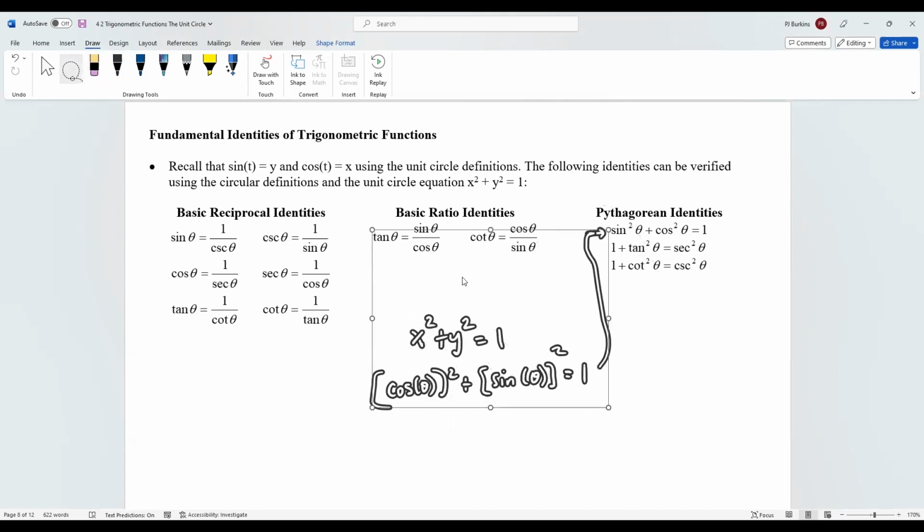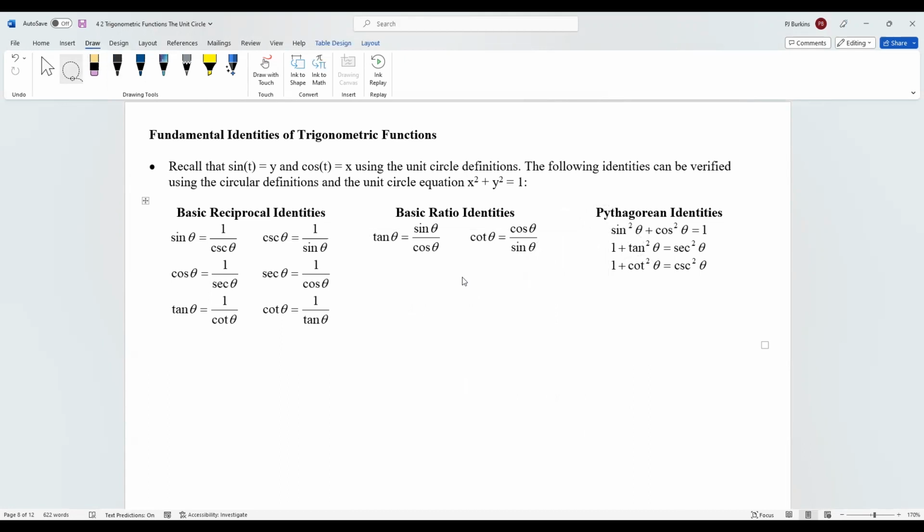The other two are related to that one, and I can show you how you get those as well. If you start with the original Pythagorean identity, and you just divide everything by one of the trig functions. So let's divide everything by sine squared. So just ignore the fact that they're squared for just a second, right?